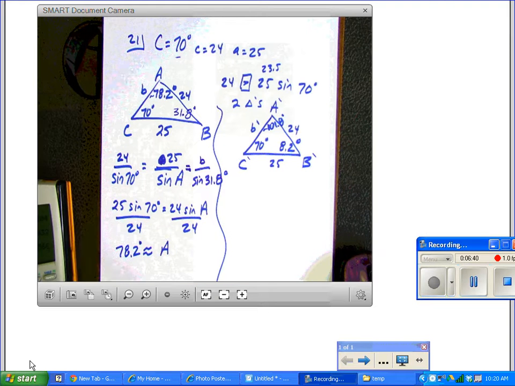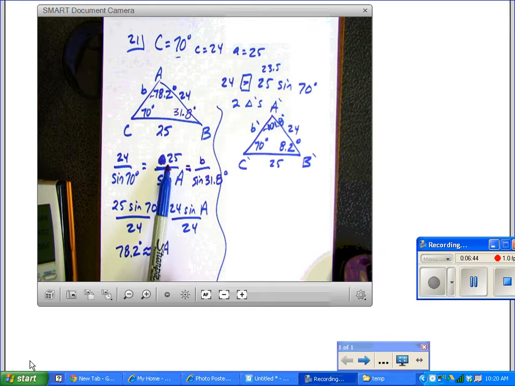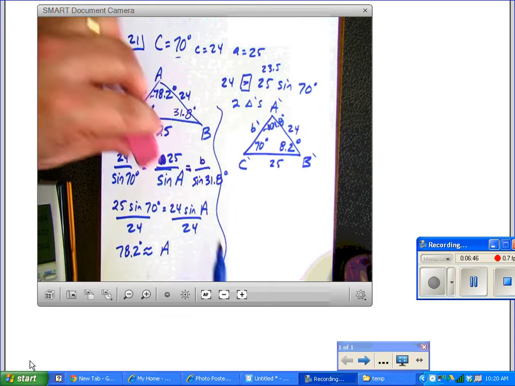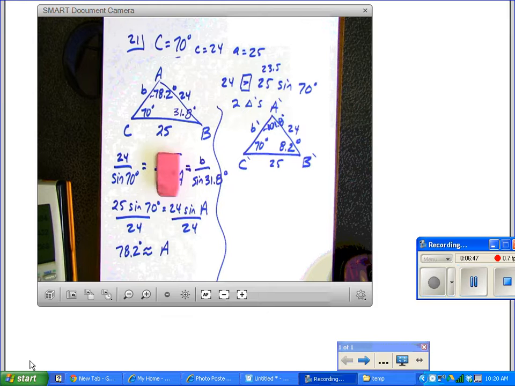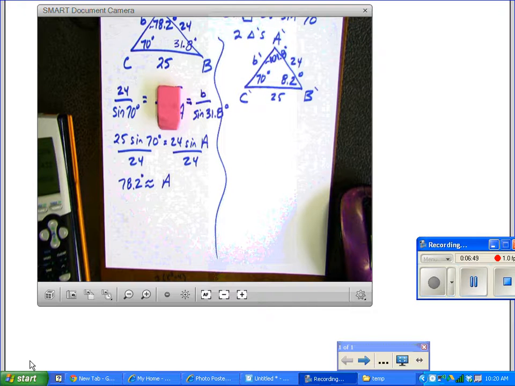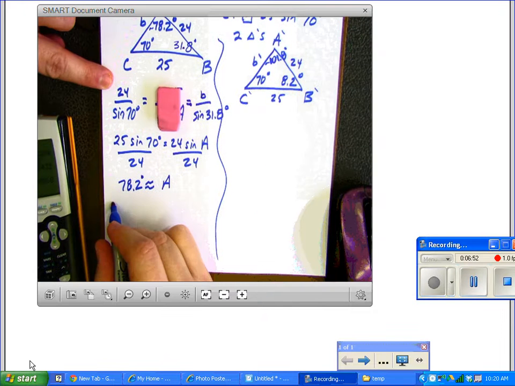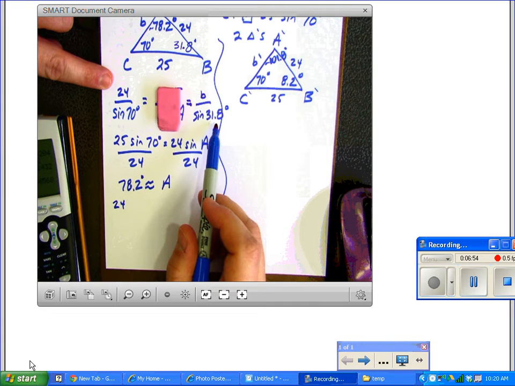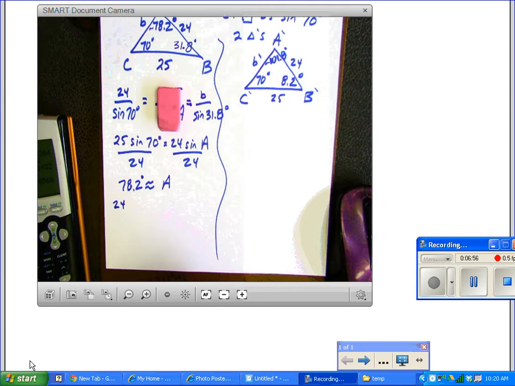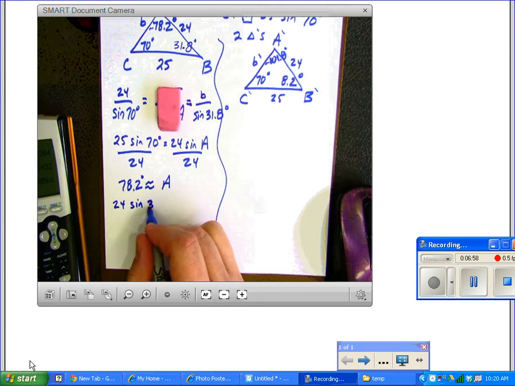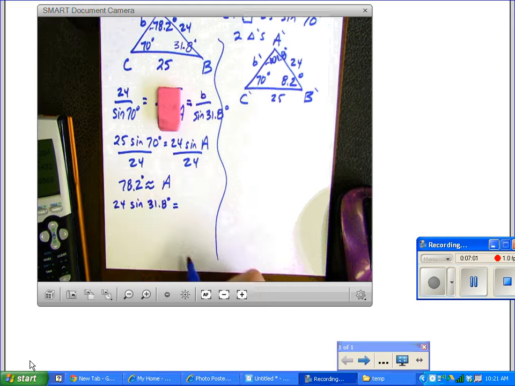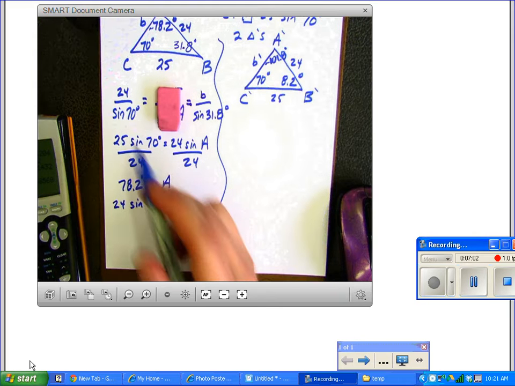Now you could cross multiply because you know A now, but that's an estimate. Let's just go with that and cross multiply. So we get 24 times sine of 31.8 equals b times sine 70.